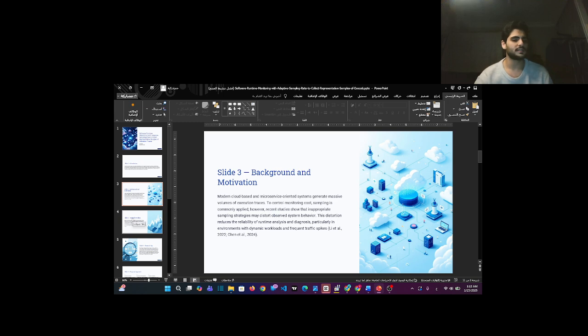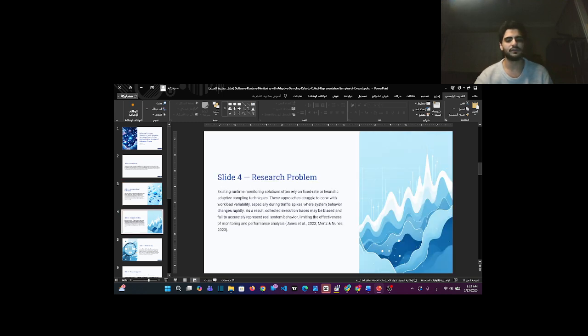So, for slide 4, which is the research problem, most existing runtime monitoring solutions rely on fixed rate sampling or simple adaptive heuristics. While these methods reduce monitoring overhead, they struggle to handle workload variability.